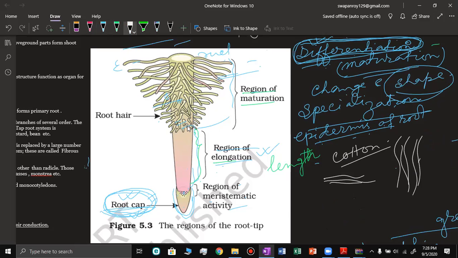Here you can see that towards the tip of the root, these root hairs are small because here they have started differentiating, and towards the back, towards the mature part, the root hairs are very long. So this zone of maturation is also known as the root hair zone.